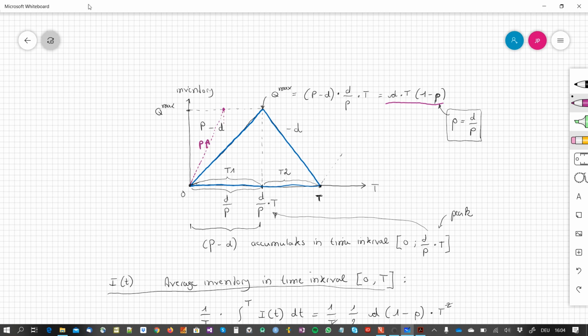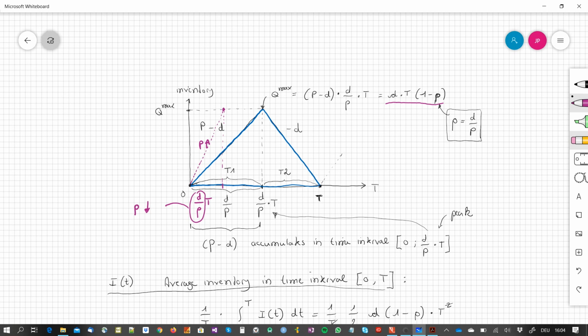Then we see that the ratio D divided by P, and this was our rho, decreases. So that means that we are faster building up our inventory until we hit the peak.